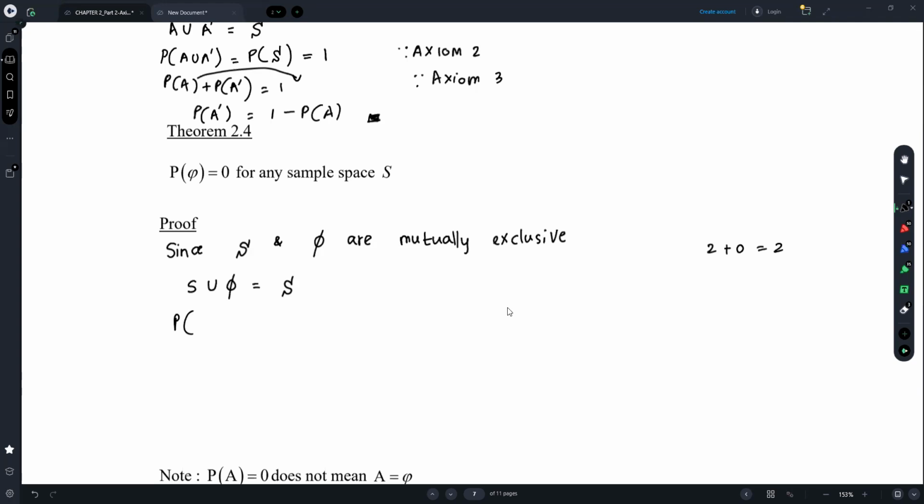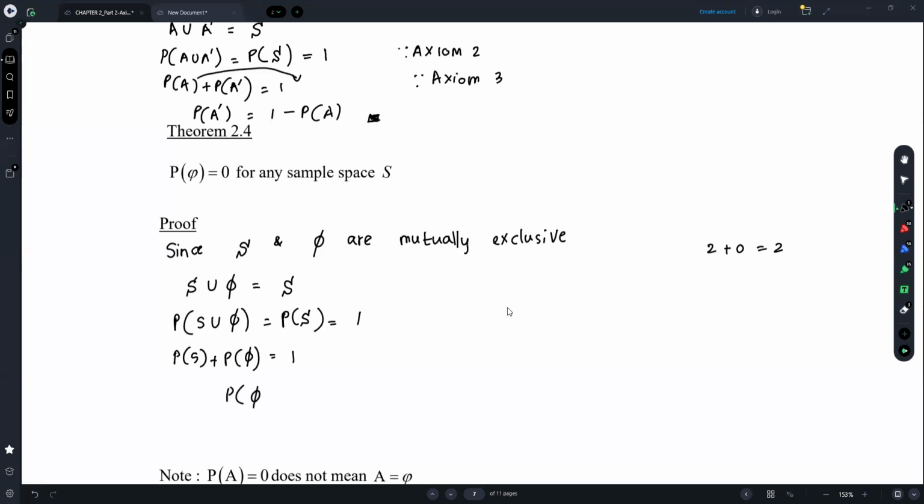Now again, we take the probability of both sides. And this we know is 1, right? And then this becomes P(S) plus P(empty set) equals 1.